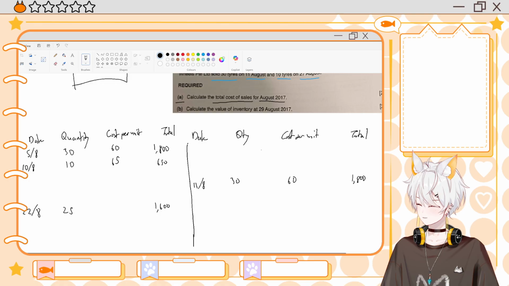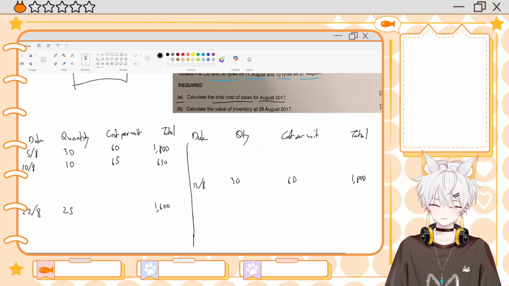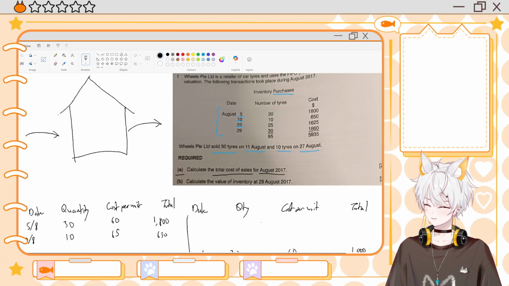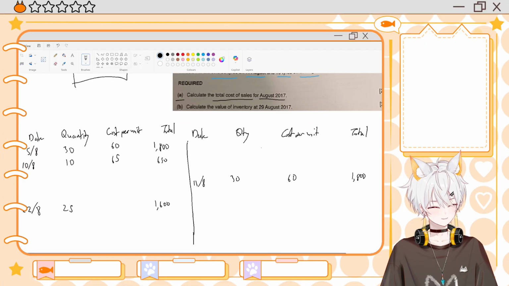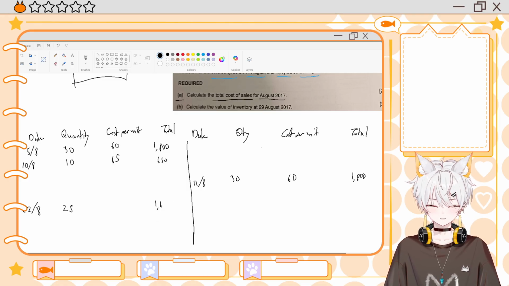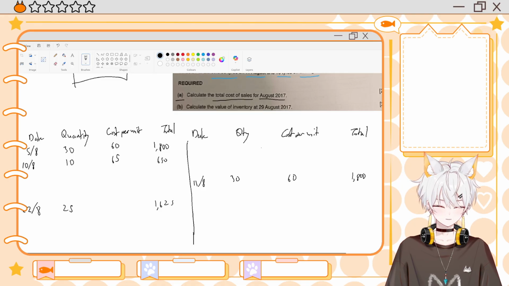That leaves me at 65 again. 65? How many tires is it? Oh, 1625. Oh, my bad. Okay, 65 again, right? Okay.